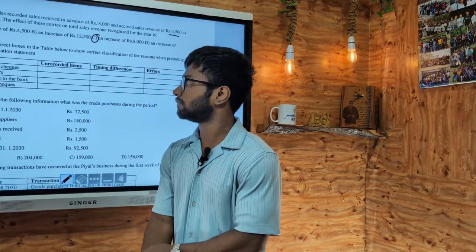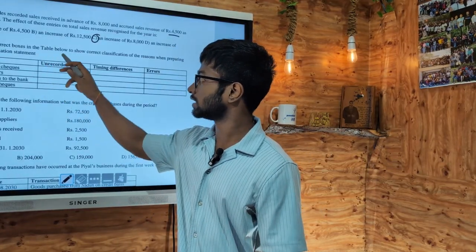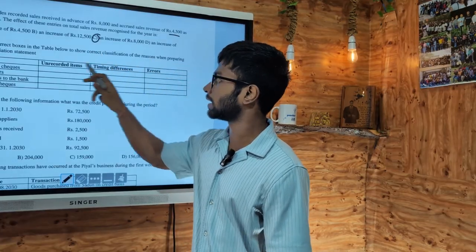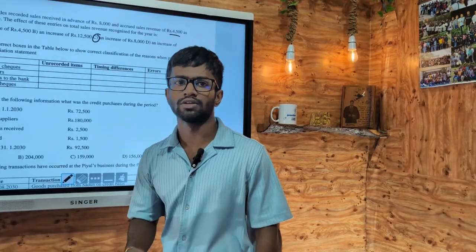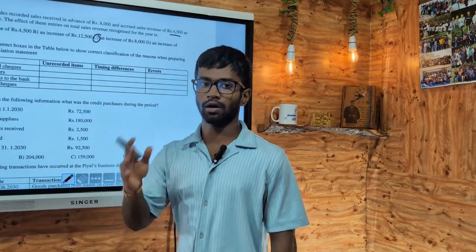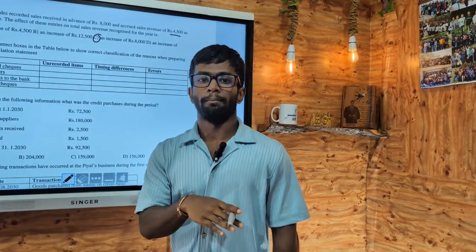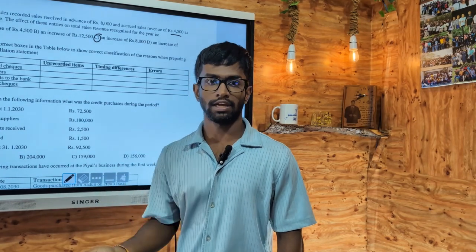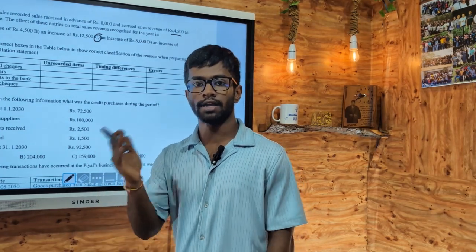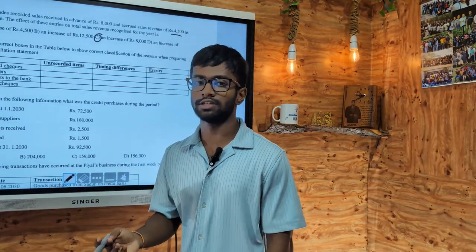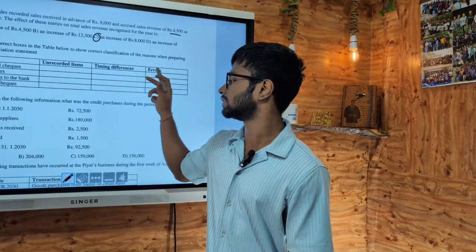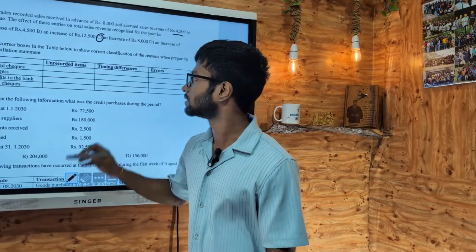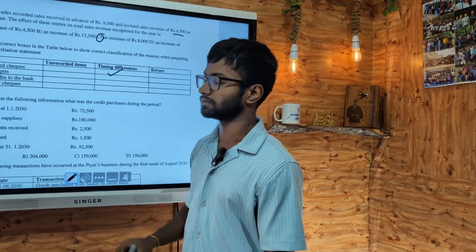Next, you have to tick the correct boxes in the table below. Show the correct classification of reasons when preparing a bank reconciliation statement. So I explained that between your bank balance and your bank statement, if you get differences, you get those differences due to unrecorded items, timing differences, and errors. Now, first one we have unpresented checks, that is a timing difference.